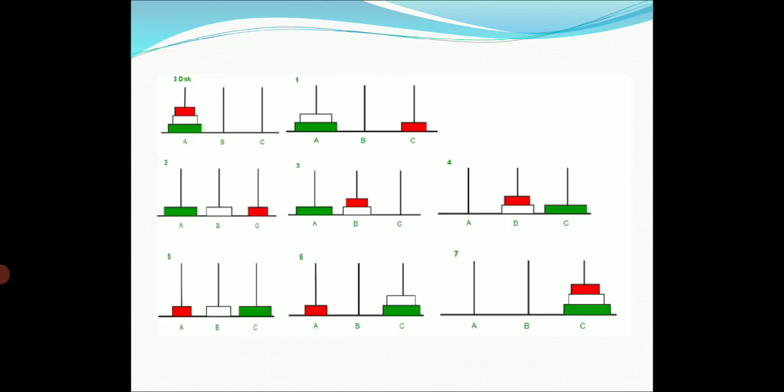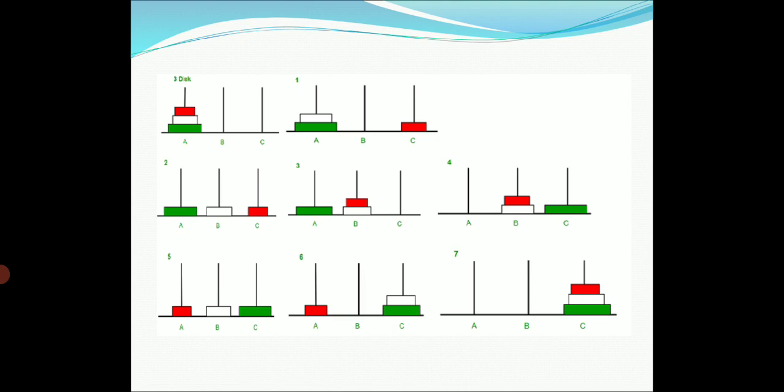So this is the diagrammatic representation of this example. In the first diagram, the first rod contains only three disks, and B and C have no disks. In the second diagram, the first disk is moved from A to C, and B is blank.